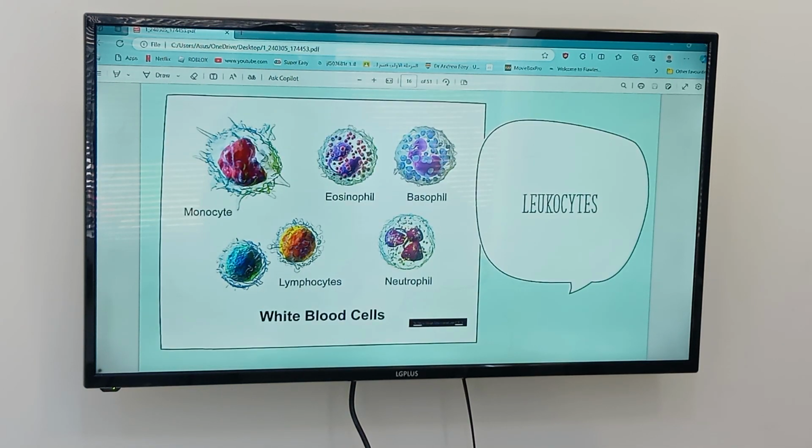Now, the leukocytes. What is involved with the leukocytes? Leukocytes are involved with immunity. We have members of the leukocytes in the blood, the immunity in the blood. We have monocytes, eosinophils, basophils, lymphocytes, and neutrophils.